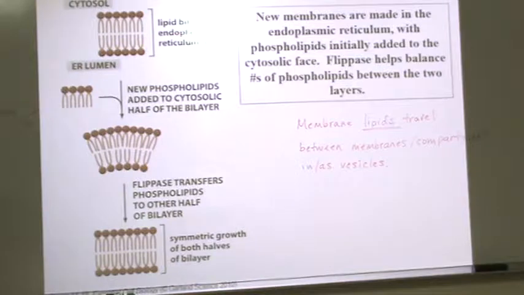The inside of the ER is the lumen, and outside of that is the cytosol. So the lumen has enzymes that make phospholipids, and they are made on the lumen side.